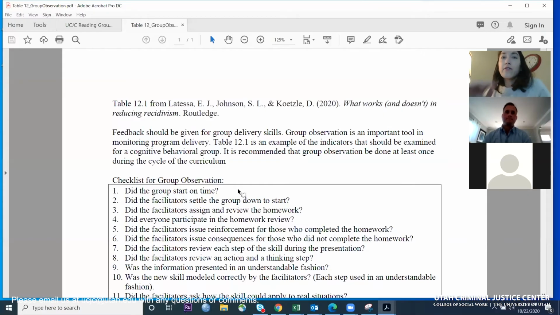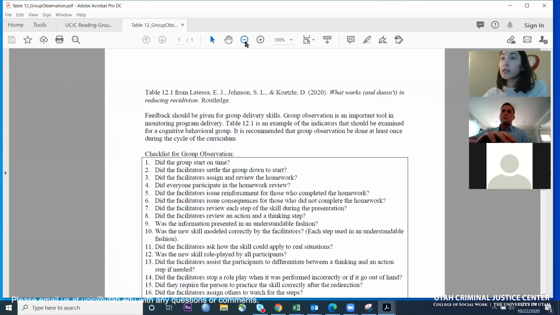So this is taken from Dr. Latessa, Dr. Johnson, and Dr. Ketzel's second edition of What Works and Doesn't in Reducing Recidivism. And I've worked with some programs talking about, okay, when we're doing group observation, when we're looking at dosage, what are some of the questions or areas that we want to ask? Now, coming from a lens of program evaluation, we use the Correctional Program Checklist, which does come from this team.